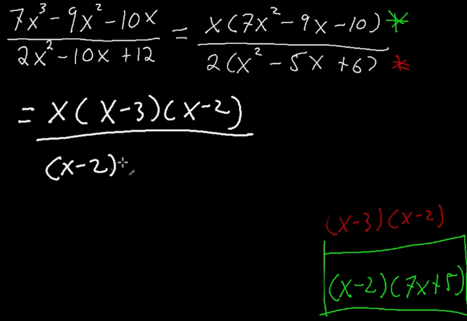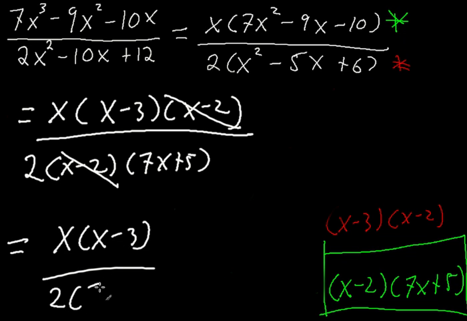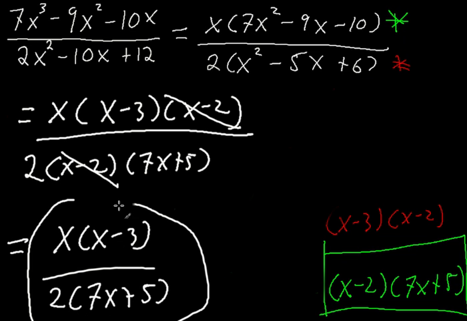And I bet you thought I was going to forget that 2, but I didn't. So let's cancel this x minus 2 right here. And that's it. That's the best we can do. So there it is: x times 7x plus 5 over 2 times x minus 3. And that's the final answer. So all that work just to cancel x minus 2. But there it is. We did it.